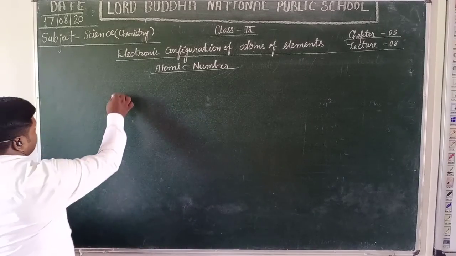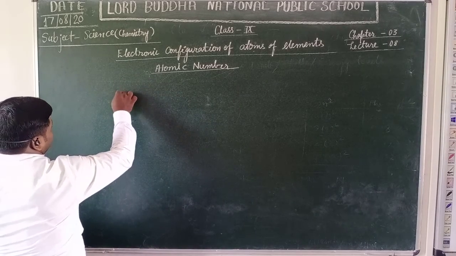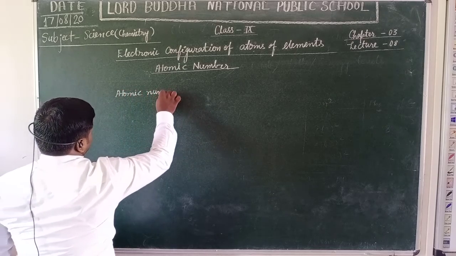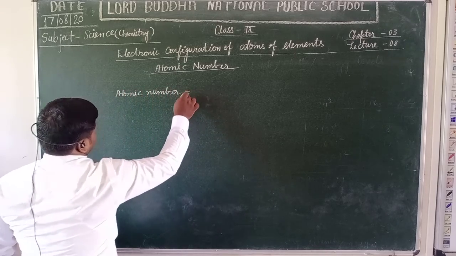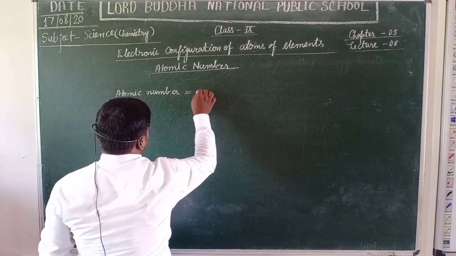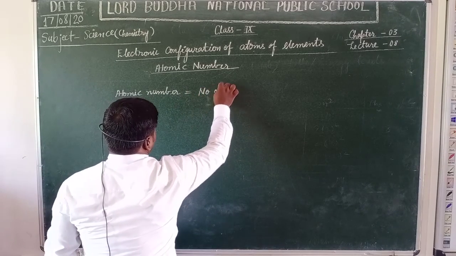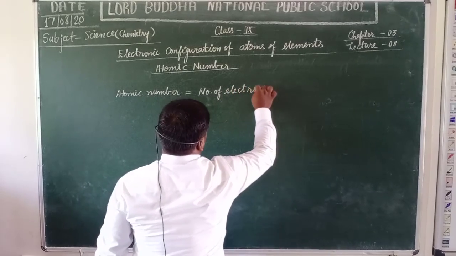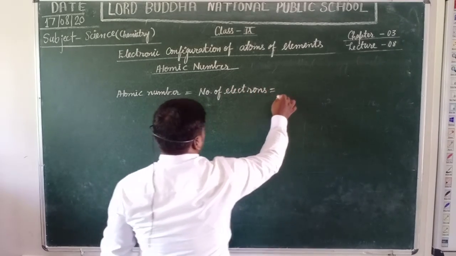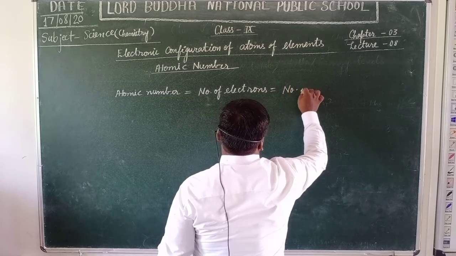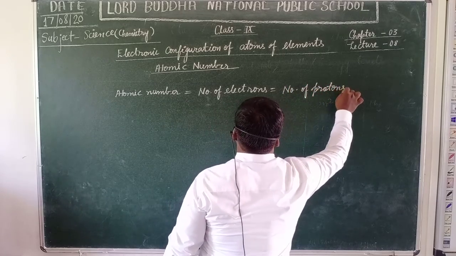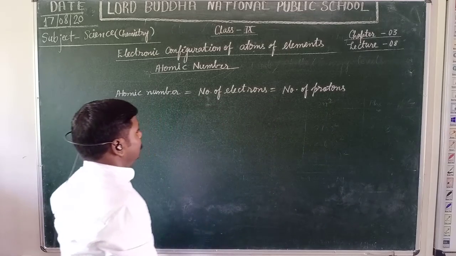Hence the atomic number may be defined as the number of electrons equal to the number of protons present in an atom of an element.